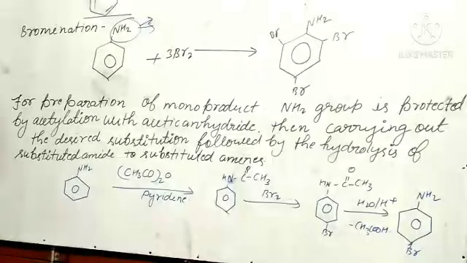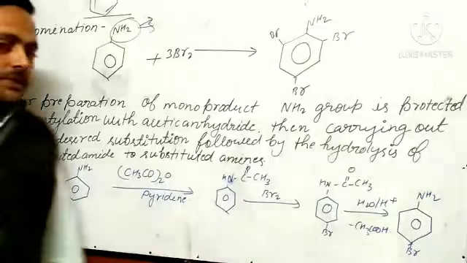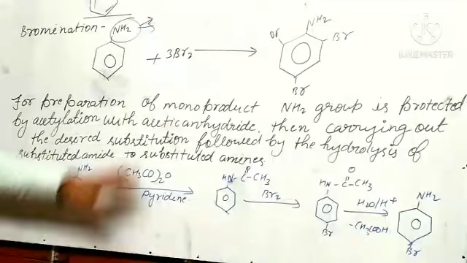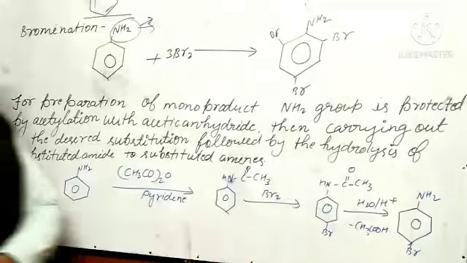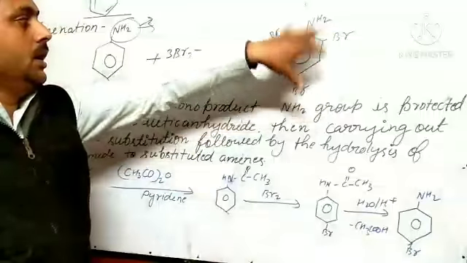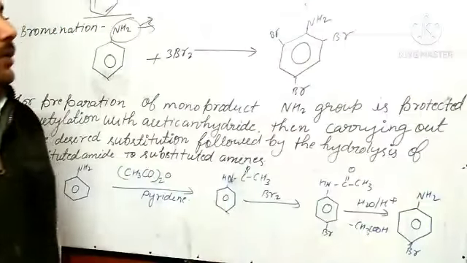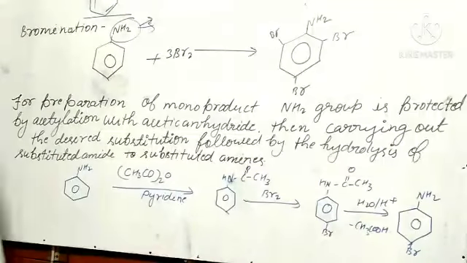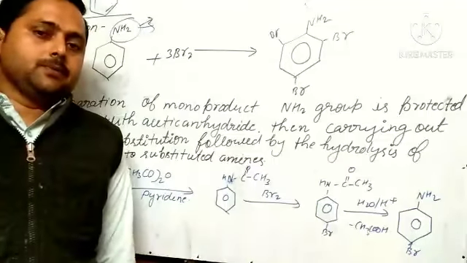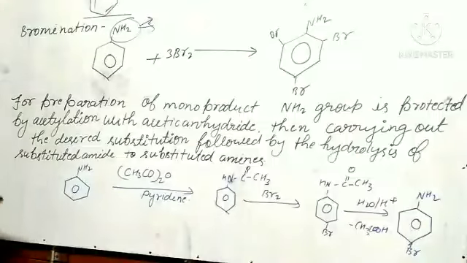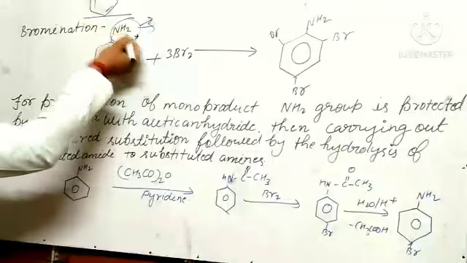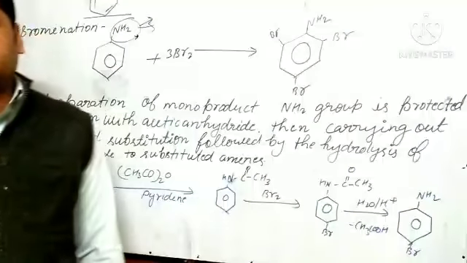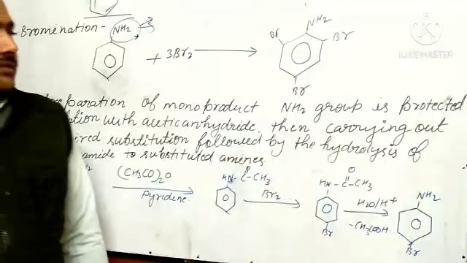If electrophilic substitution is done by bromine water, it gives us 2,4,6-tribromoaniline. If we want the monosubstituted product, we have to protect this group because it is a more activating group. So instead of the monosubstituted product, it forms the tri-substituted product.